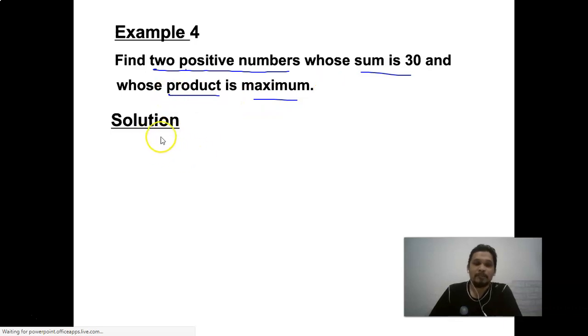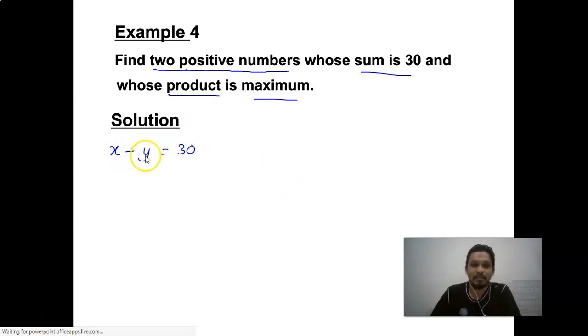Okay, so first we look at the information given here, where two positive numbers we call x and y, and the sum, which is the addition of the two numbers, is x plus y equal to 30.